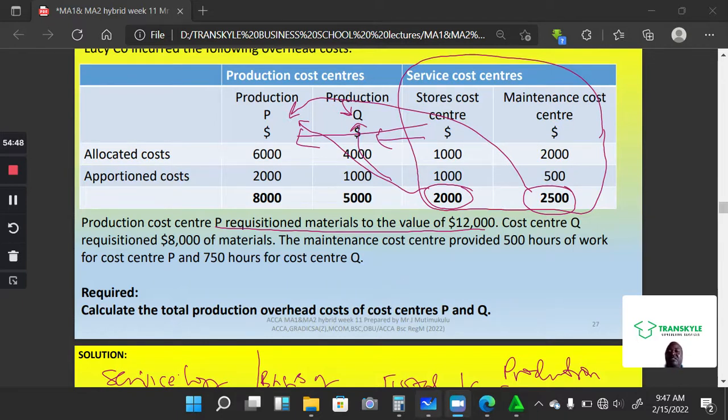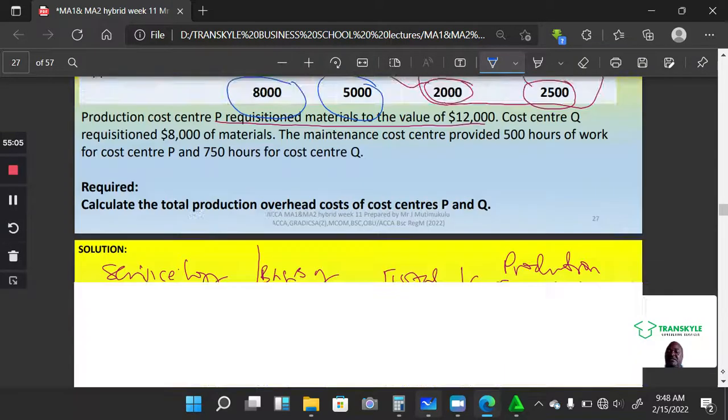So the previously allocated and apportioned totals, these two totals, are the totals which we want. The total here is 8,000 plus 5,000, we get 13,000.